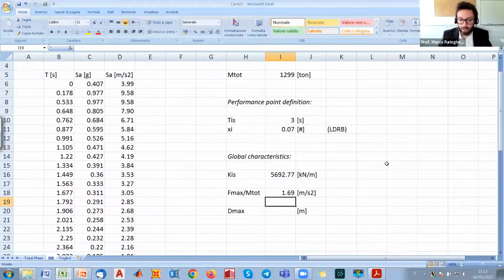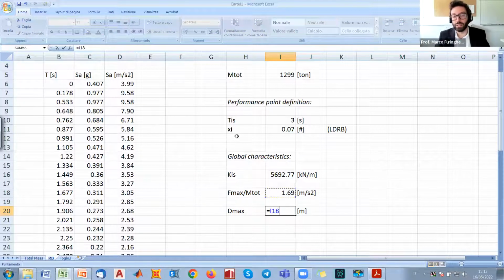Okay. For the maximum displacement, we will use actually the definition of the spectral acceleration and omega squared. So the maximum displacement is actually the spectral acceleration, and this is important: you need the numerical value in meters per square seconds, otherwise it doesn't work. Obviously, you will get a scaled value of displacements with respect to g, the gravity acceleration.